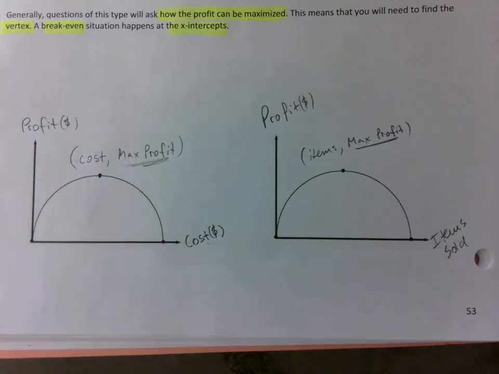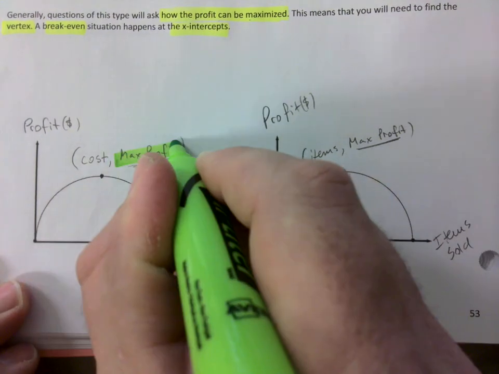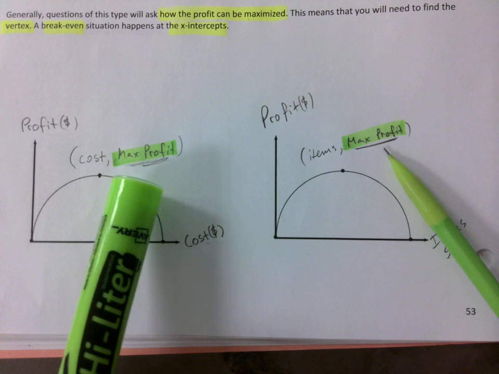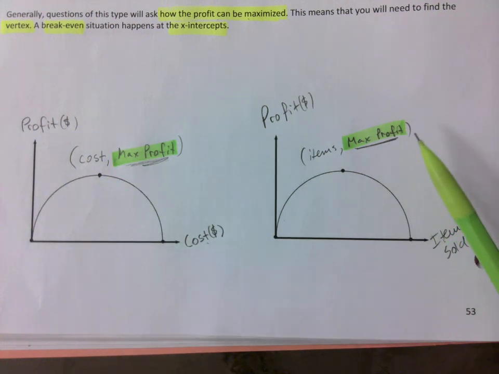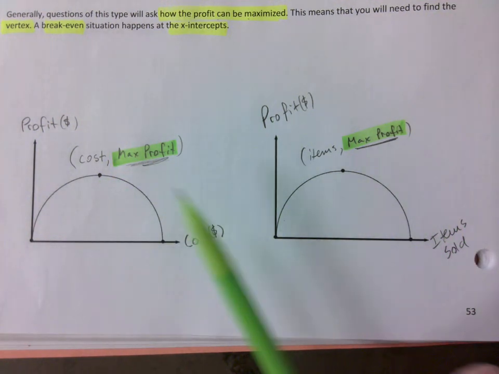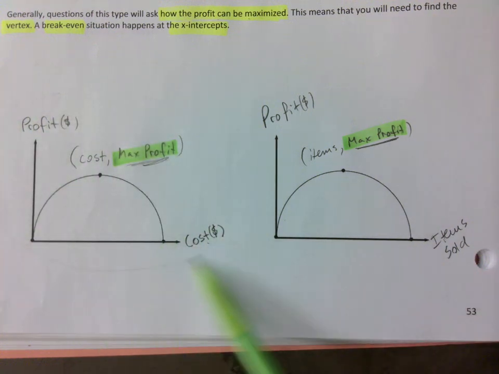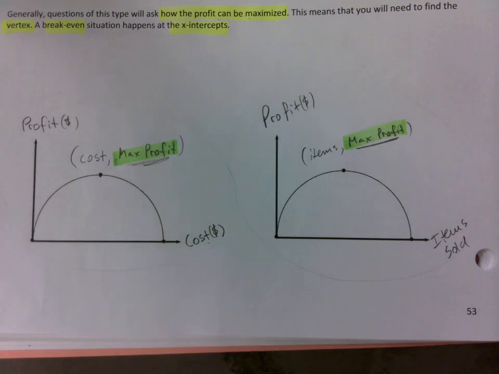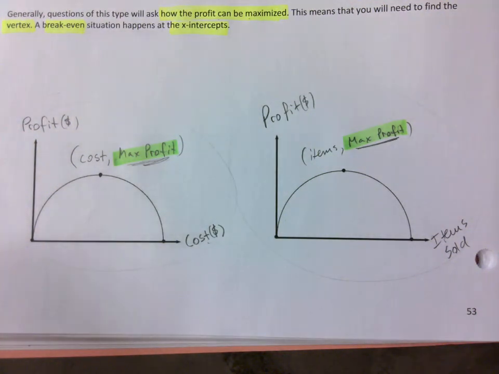I'm going to highlight that in green. The dollar amount that you get out of that is going to be the same. If it's $100,000 that you make maximum, whether you do it this way or this way, you're still going to get $100,000 in both situations.